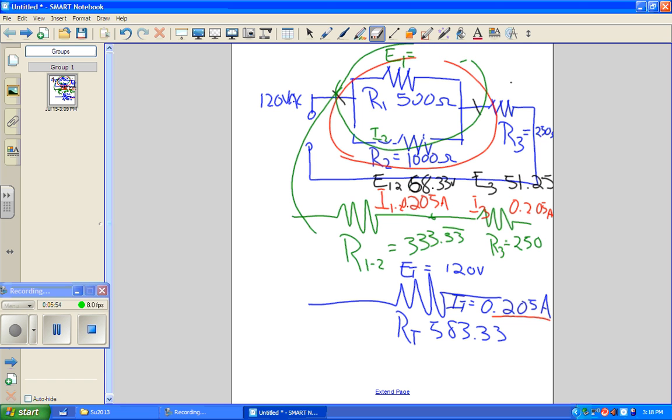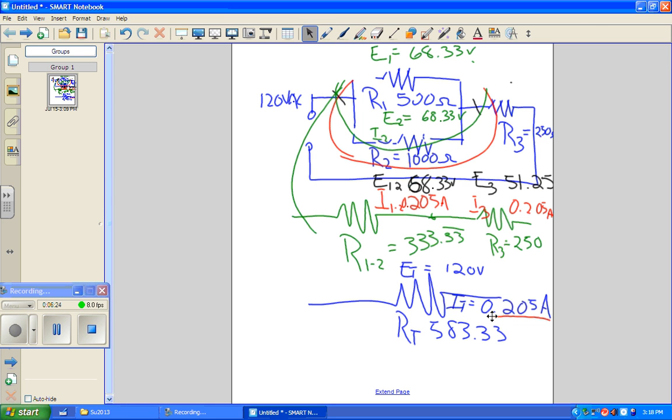Let's get all this out of here anyway. A little bit of clutter there, but that's okay. So E1 is 68.33 volts, and here at E2, we have the same voltage, 68.33 volts.